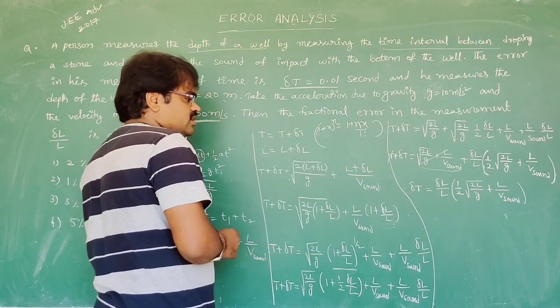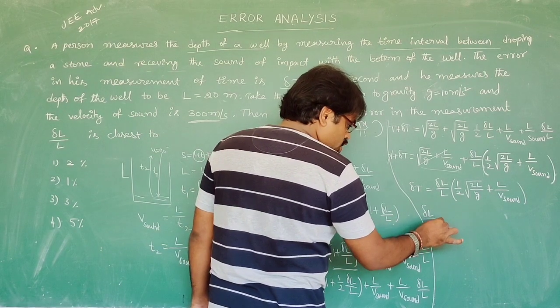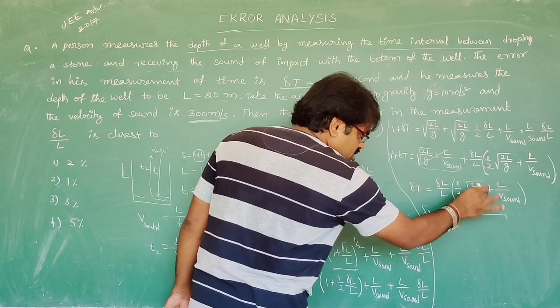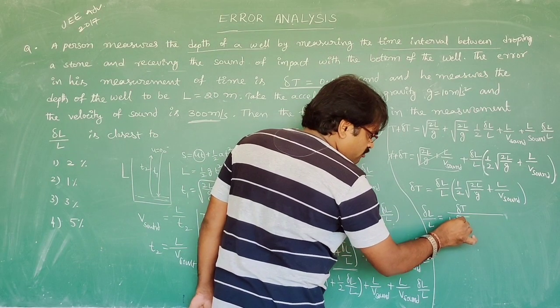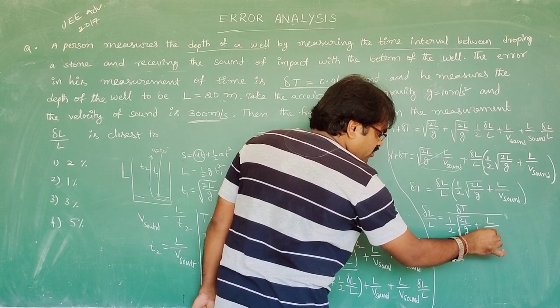Then we substitute, that is delta L by L is equal to delta T divided by 1 by 2 root of 2L by g plus L by v sound.